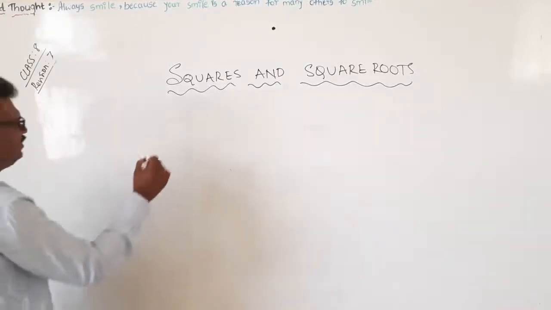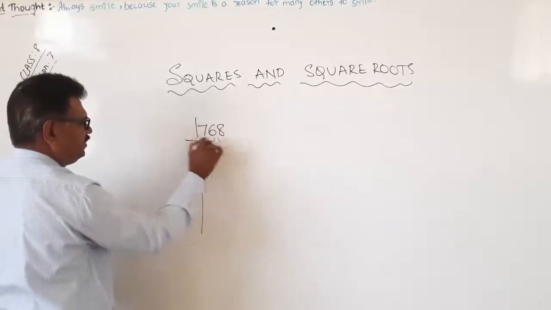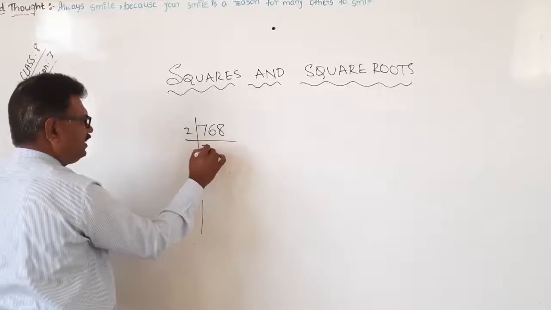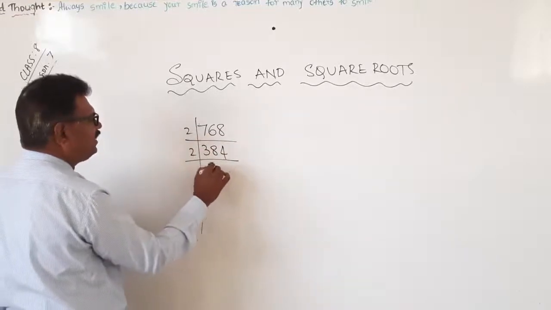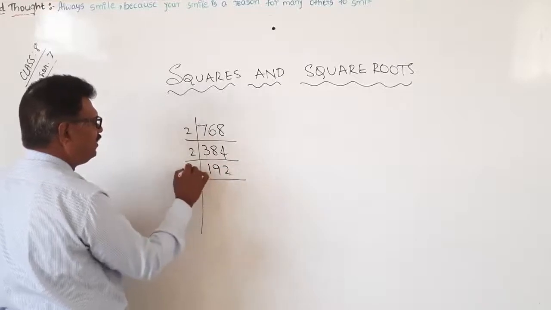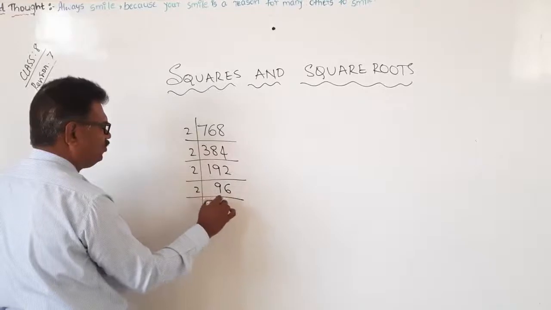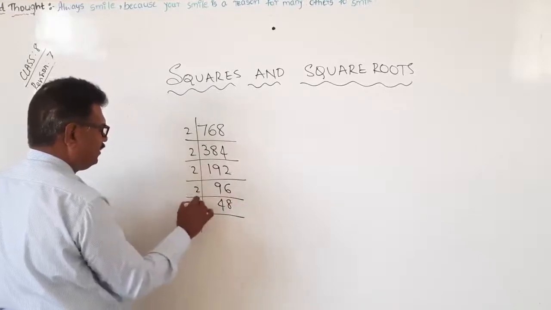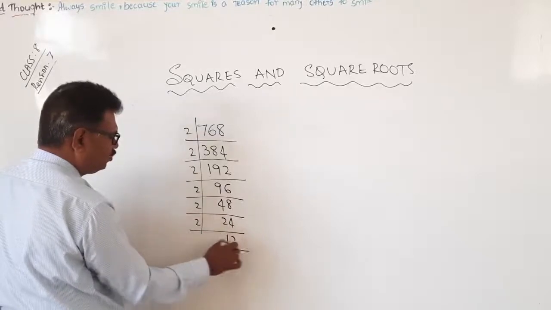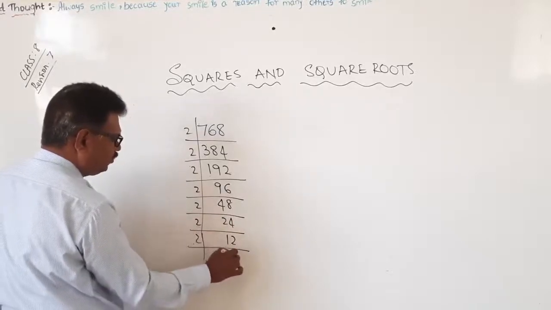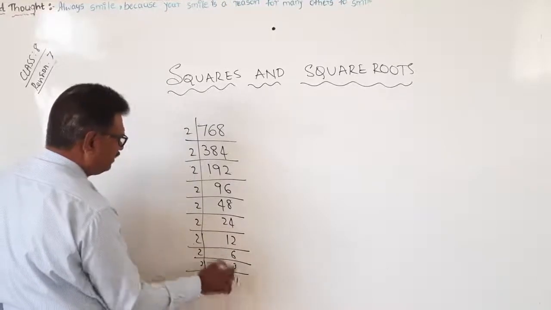One more, 768. 2 into 3 is 6, 2 into 8 is 16, 2 into 4 is 8. Again 2, 2 into 1 is 2, 2 into 9 is 18, 2 into 2 is 4. 2 into 9, 2 into 6. 2 into 4, 2 into 8. 2 into 2, 2 into 4. 2 into 1, 2 into 12. 2 into 6, 2 into 3. 3 into 1.